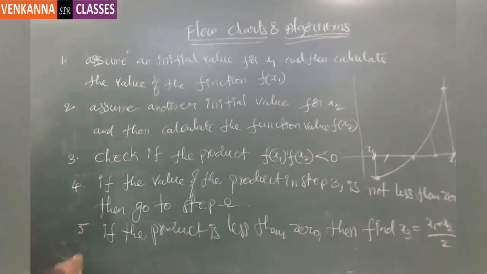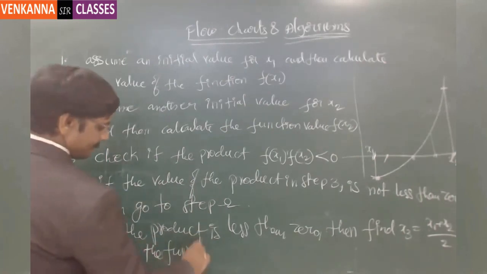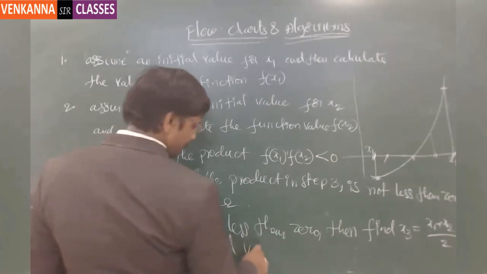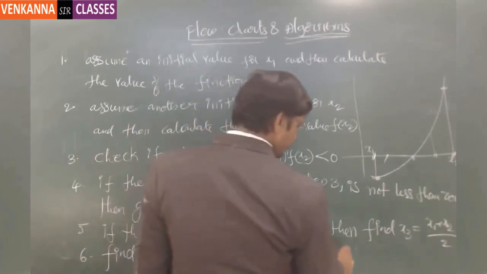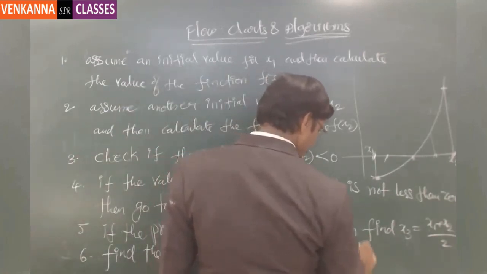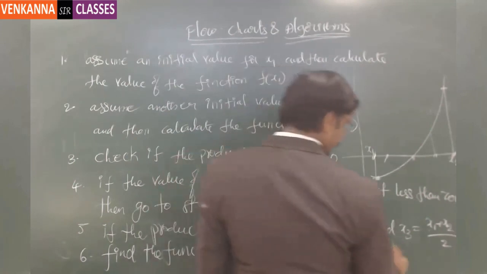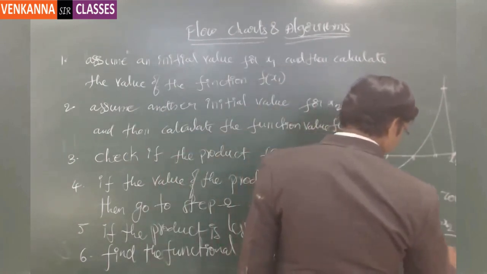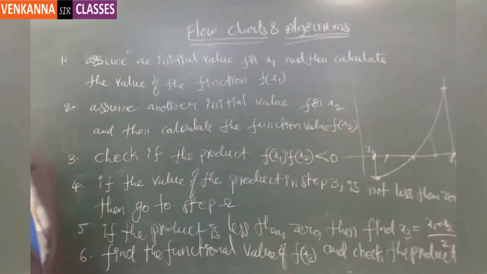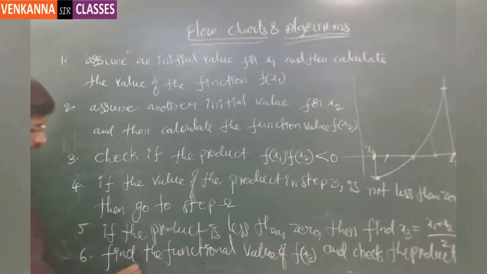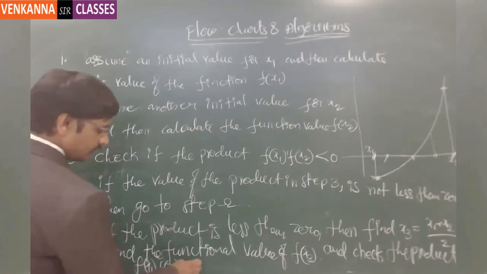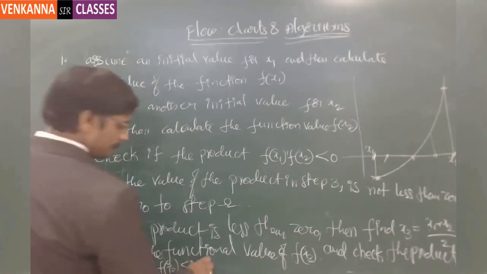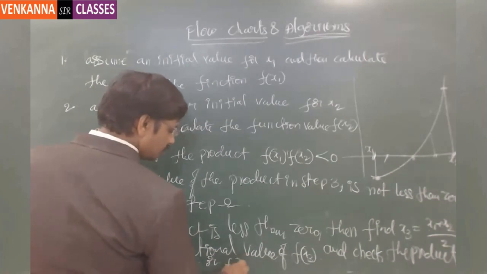Then again in step 6, find the functional value of f of x3 and check the products, f of x1 into f of x3 less than 0 or f of x2 into f of x3 less than 0.